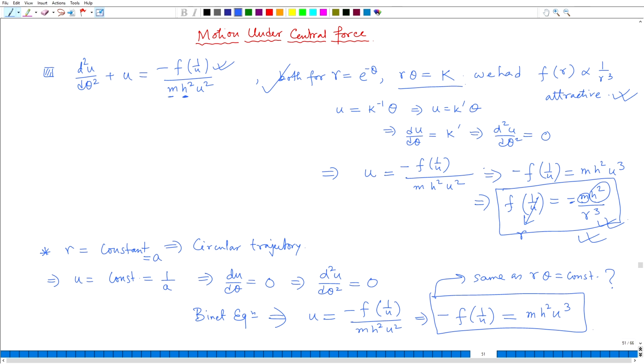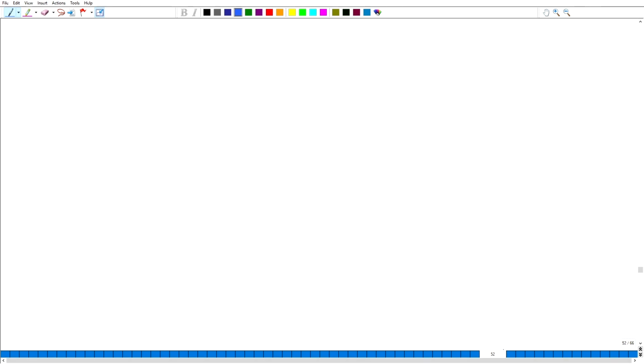Well, here there is a subtle difference. Whenever we have a circular orbit, we have a cubic law, it is true, but this is a constant force, because this is not for any u. You see, this u is actually constant, it has a constant value which is nothing but 1 by a. So, finally, f of r will be nothing but minus m h² by a³.